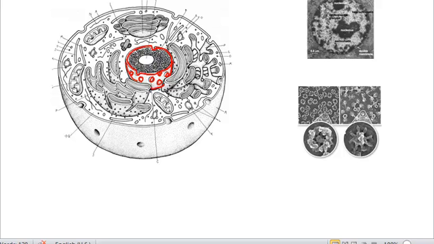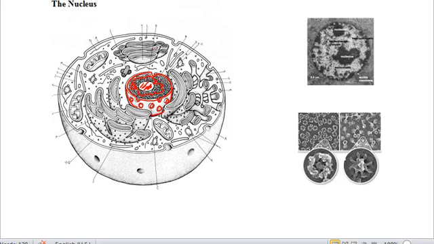So all this squiggly stuff inside here is part of the picture. And then this circle here is still all part of the nucleus. Okay. What we have over here is called an electron micrograph. An electron microscope allows us to see things smaller than the wavelength of light, which many of the features of the cell are. So this is an electron micrograph of a nucleus.